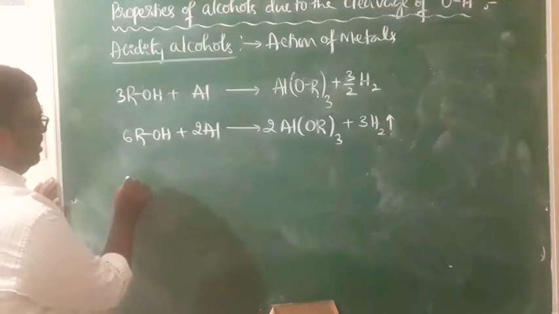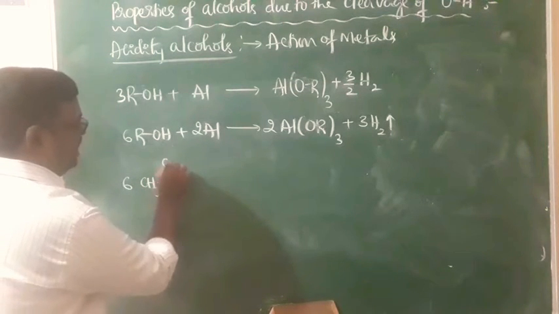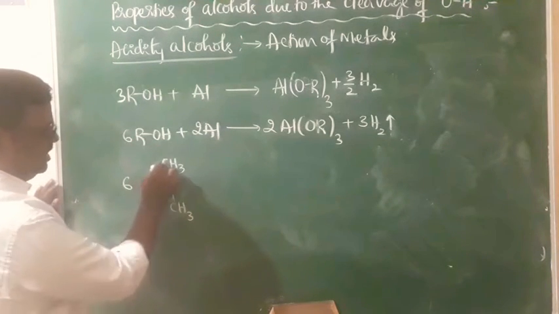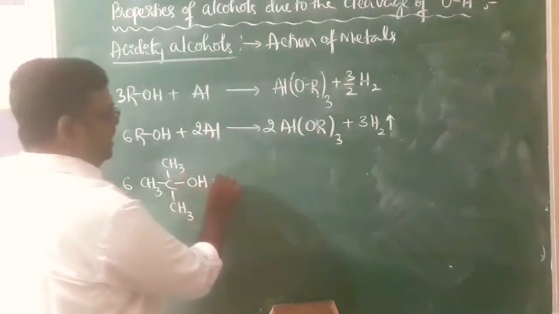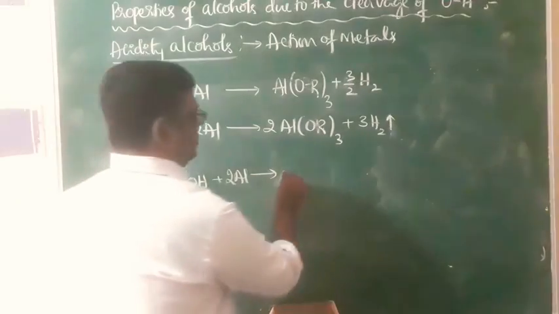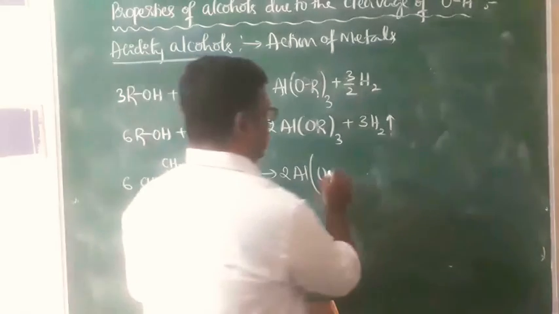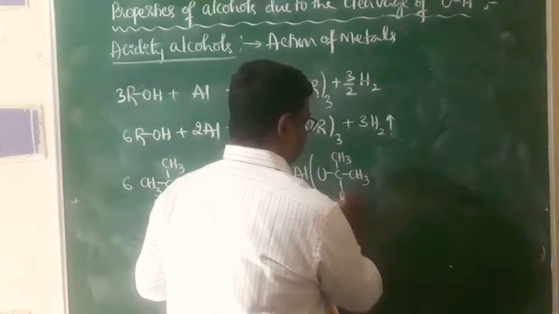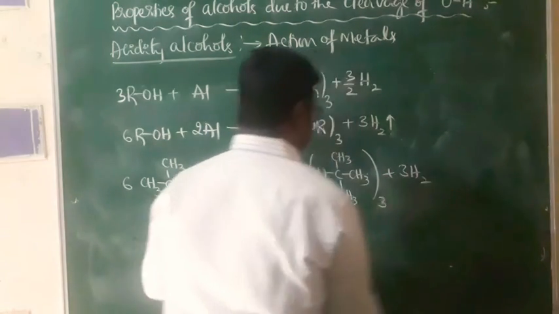And in the place of R, according to the NCERT syllabus, I'll keep the tertiary butyl group. This is the tertiary butyl group. So it is 6 (CH3)3C-OH plus 2 Al gives 2 Al[O-C(CH3)3] three times, plus 3 H2.